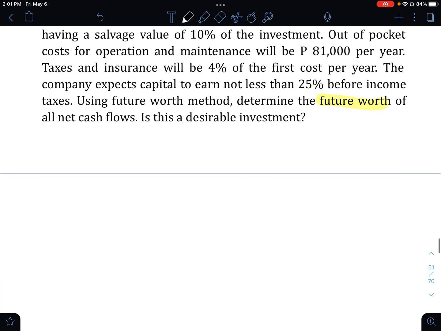So, to get the future worth of cash inflows, we have the salvage value, which is 270,000 times 0.10, which is 27,000, plus the annual revenue divided by 0.25, times (1 plus 0.25) raised to the power of n minus 1.